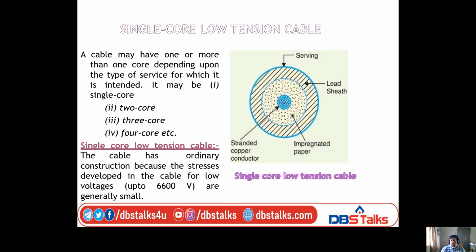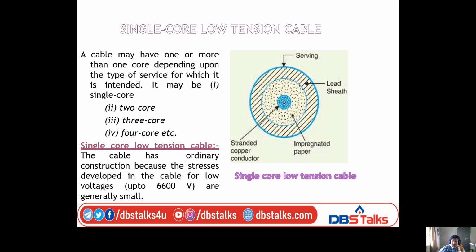First one is single core cable, single core low tension cable, LT cable. So look at the figure. The single core low tension cable consists of a single conductor that may be made up of standard copper conductor or it may be aluminum.